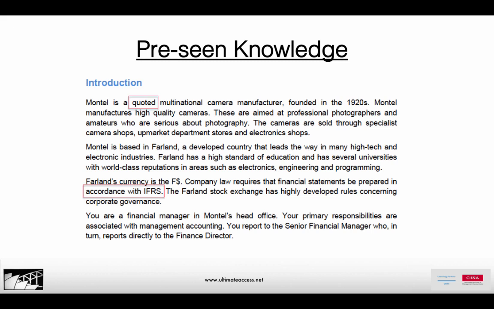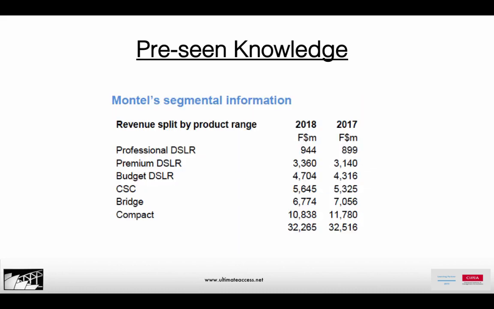And since IFRS 8 is a requirement for publicly listed companies, Montel would have segment reporting in its financial statements. And indeed, in the pre-seen, we are actually shown some segmental information by Montel.